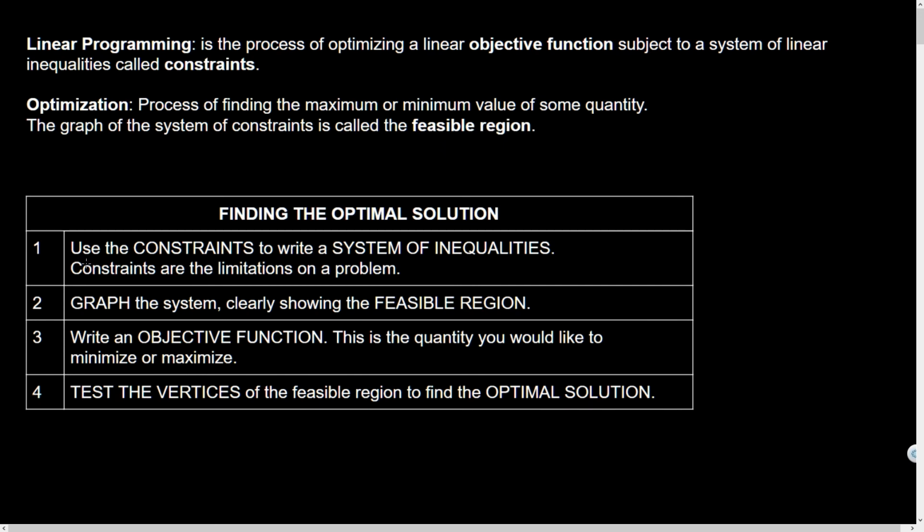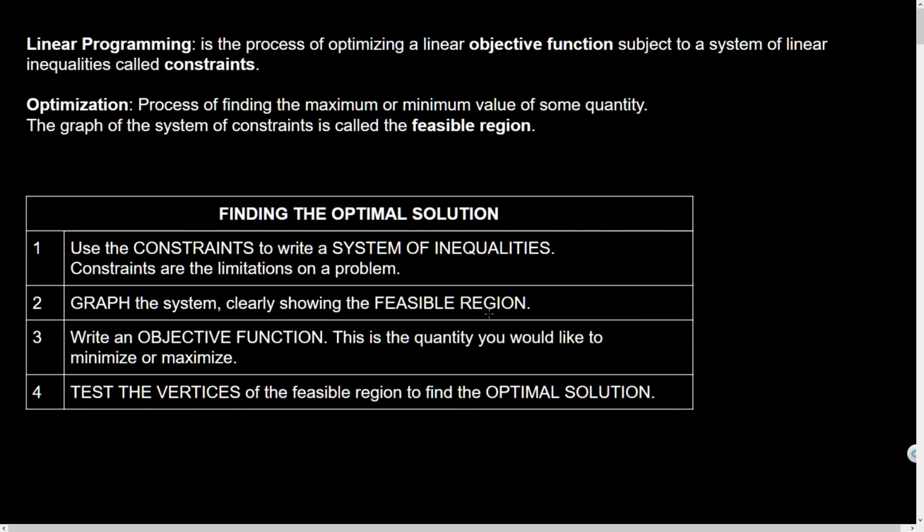The process in general is: I'm going to use the constraints to write a system of inequalities. I'm going to graph that system, showing the feasible region. I'm going to write the objective function, whether I'm trying to maximize or minimize, and then I'm going to test the vertices.